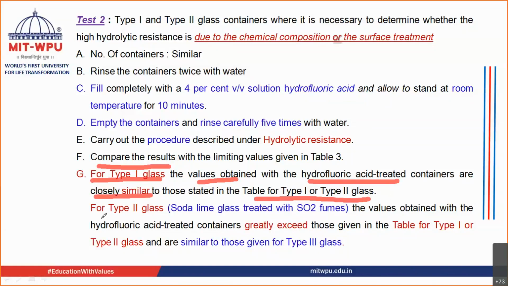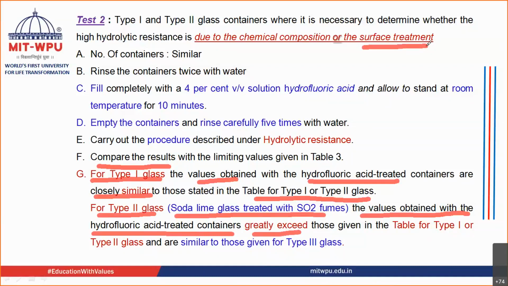Whereas for type 2 glass, which is a soda lime glass treated with SO2 fumes, the values obtained with the hydrofluoric acid treated container exceed. Why is it exceeding? Because now the SO2 surface treatment has been removed.